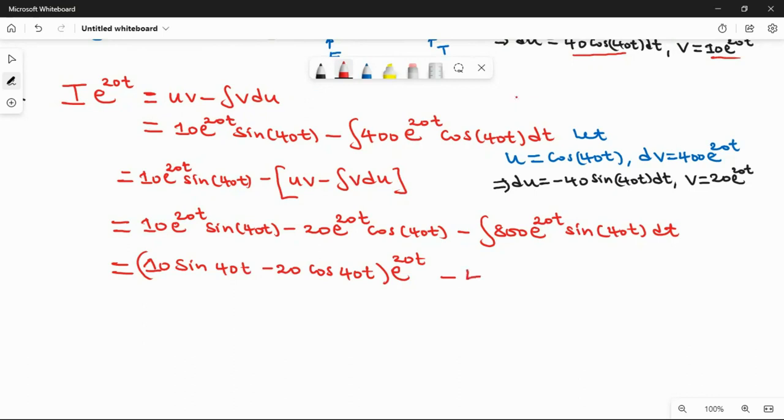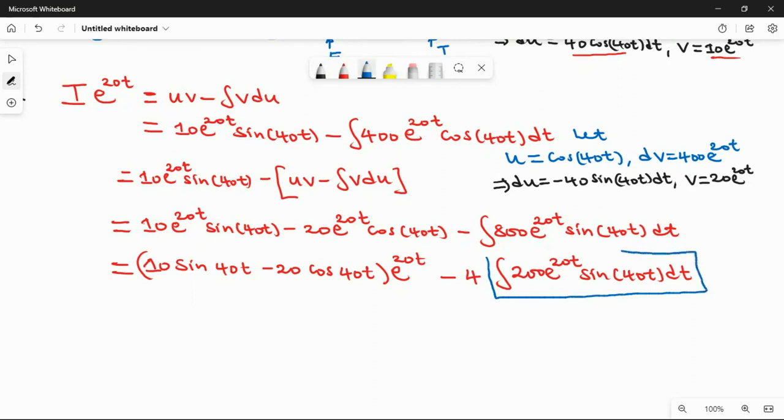So this is minus 4 times the integral of 200 exponential 20t sine 40t dt. But now the question is, what is this integral equal to?